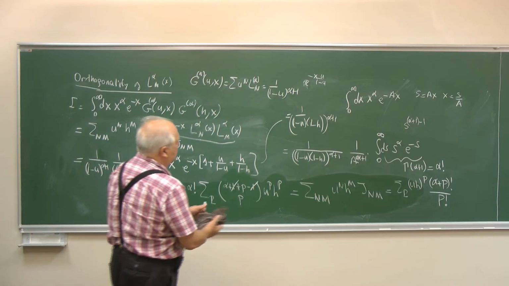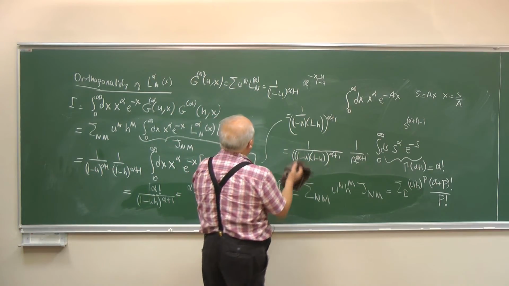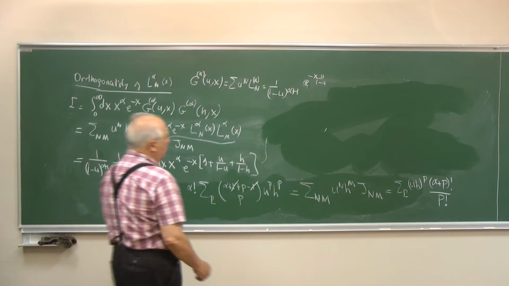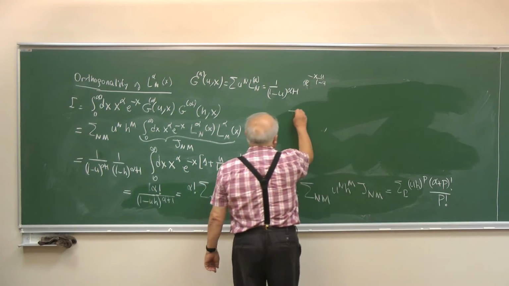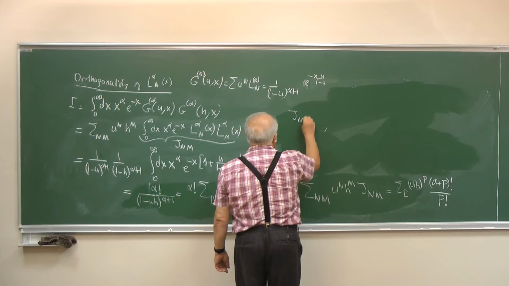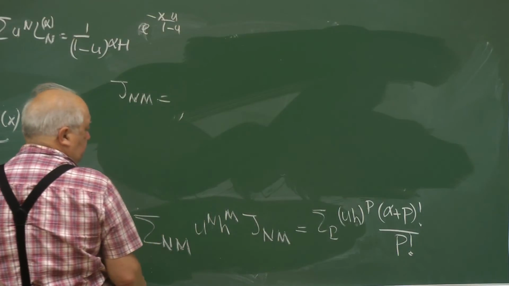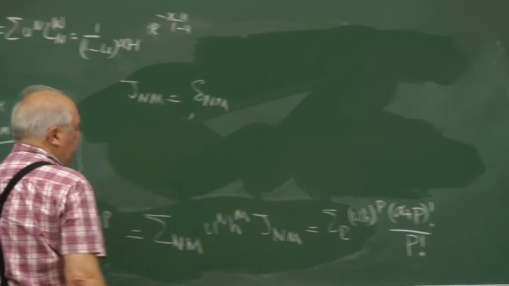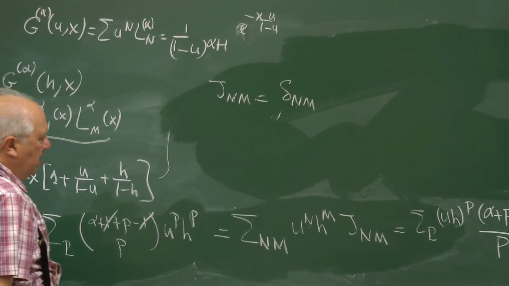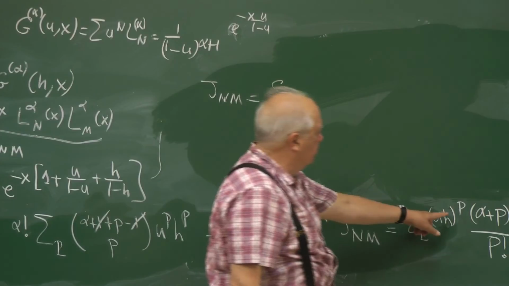So I can erase, this was part of the computation. I'm erasing. We can read the value of Jnm here. Jnm equals delta nm, because the powers of u and h must be the same. And here we take p equals n.